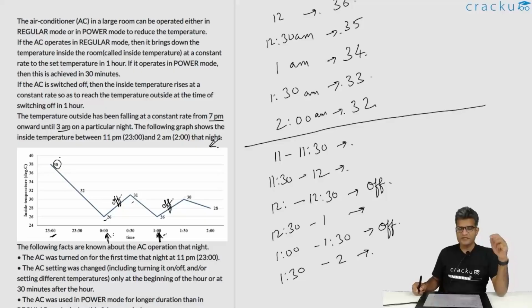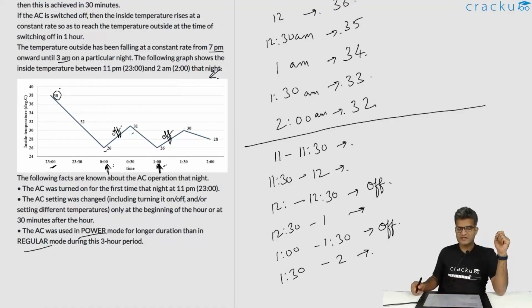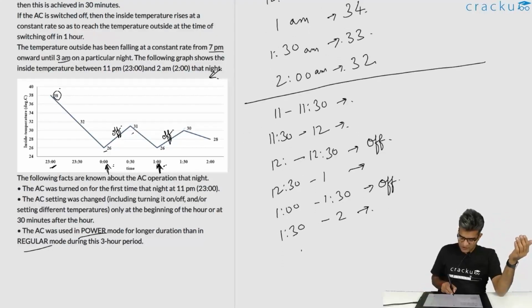We need to figure out for the remaining 4 half an hours, was it in regular or was it in power? Over here it was told to us that the AC was in power mode for longer duration than the regular mode. So amongst the remaining 4, it is possible that either power is in 3 half an hours and regular was in 1, or power was in 4 half an hours and regular was in 0.